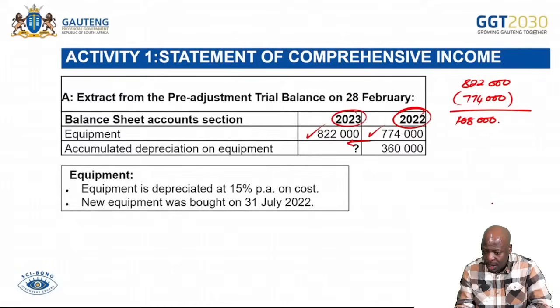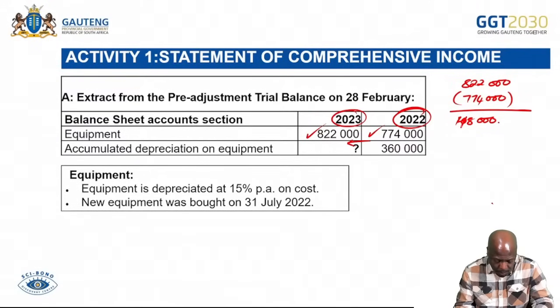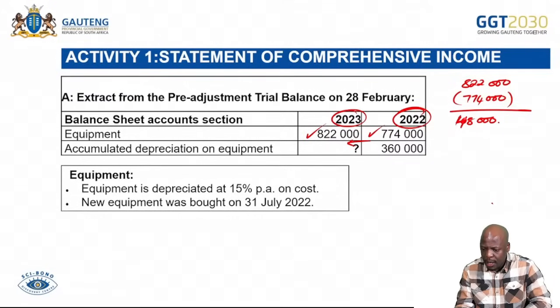Okay, it is 48,000, the new equipment that was purchased becomes your 48,000. That is the new equipment that was purchased.